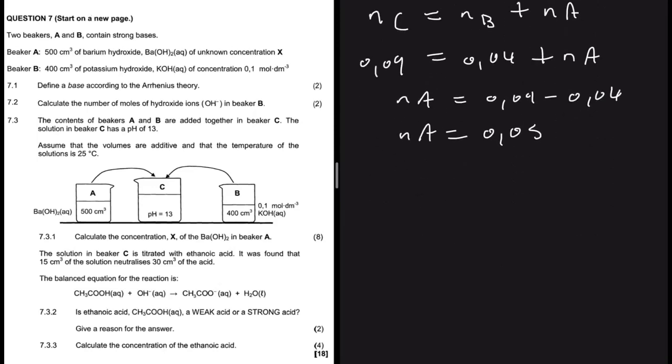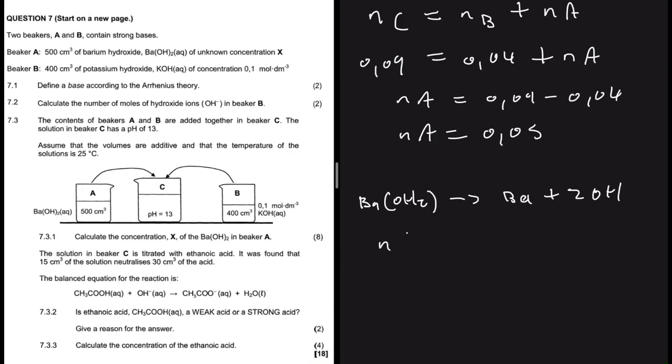So we can use that to calculate the number of moles of Ba(OH)2. Ba(OH)2, when it ionizes, becomes Ba²⁺ plus 2OH⁻, right? So we can see that the balancing coefficient is 1:2.